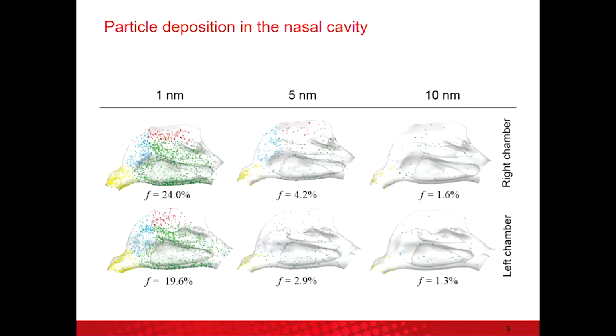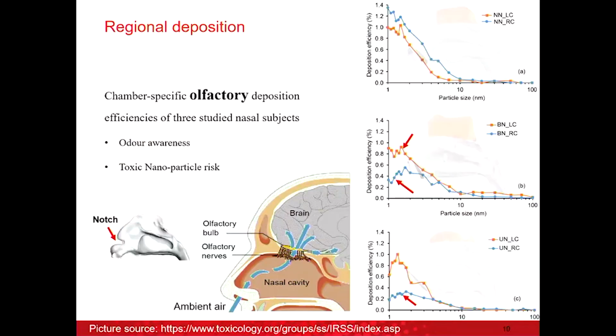And here are some examples of the particle deposition result analysis. As shown in this graph, this nasal cavity has been mainly separated into four segmentations. As shown at the top of the nasal cavity, the red region indicates the olfactory region, which has a very important function during the inhalation.